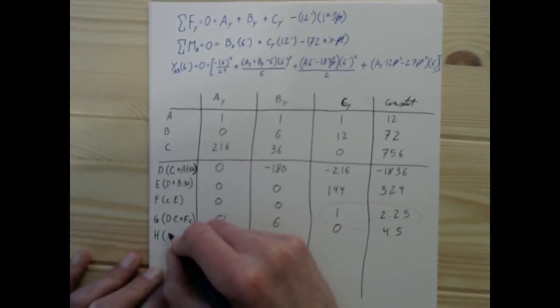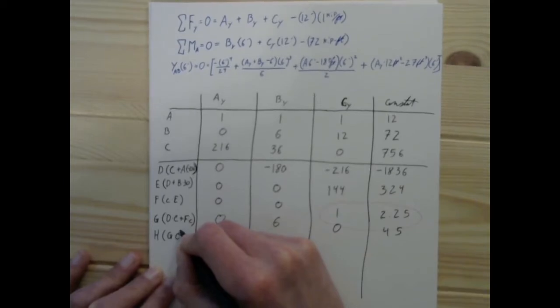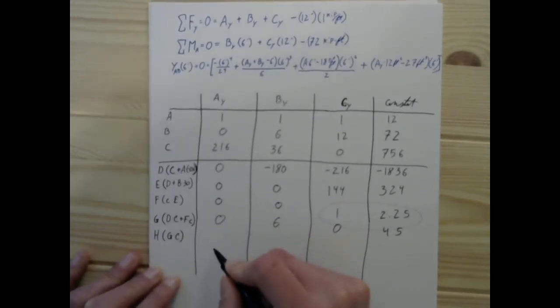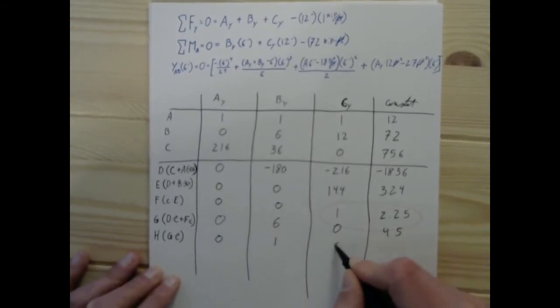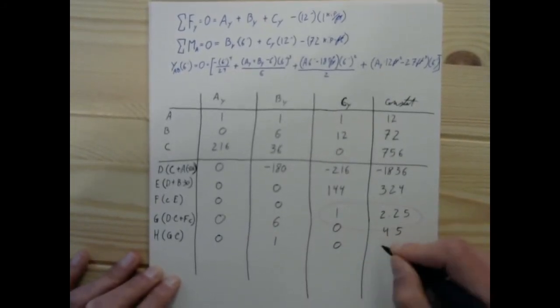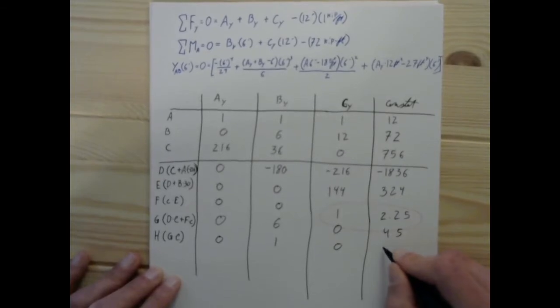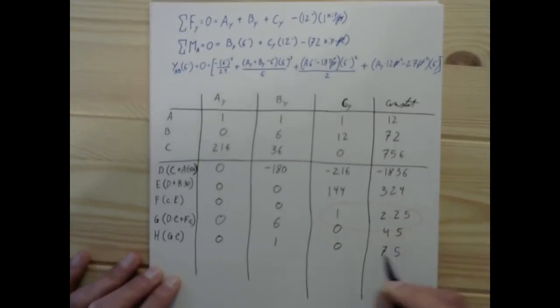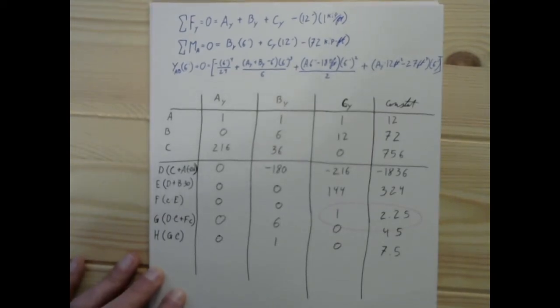So G times some constant, the constant in this case is 1/6. 0, 1, 0. 45/6 is 7.5. So BY is 7.5 kips.